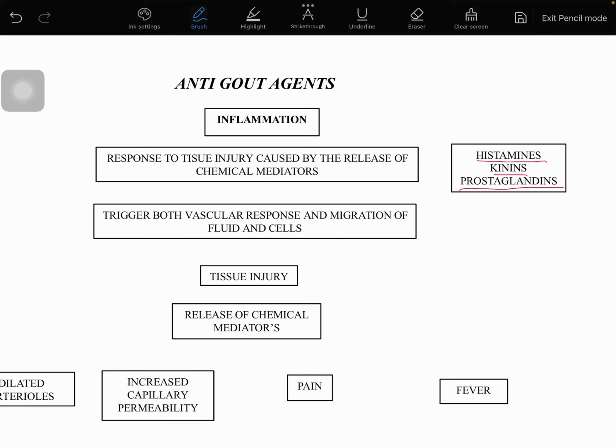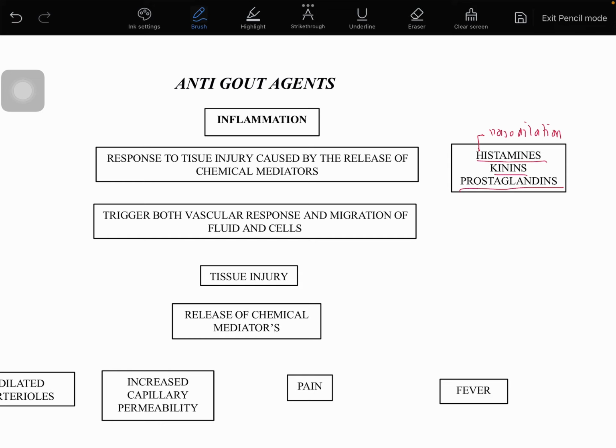So what does our histamine do? It usually causes vasodilation of our arterioles. So what are arterioles? They are your small arteries. As a result of the vasodilation of your arterioles, there is an increase in fluid in the specific area.